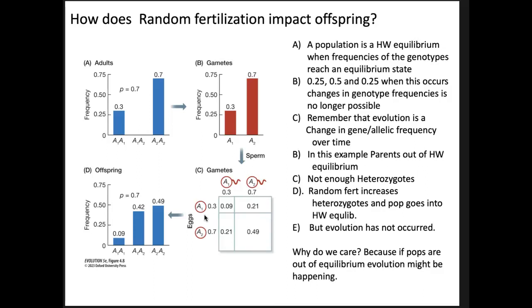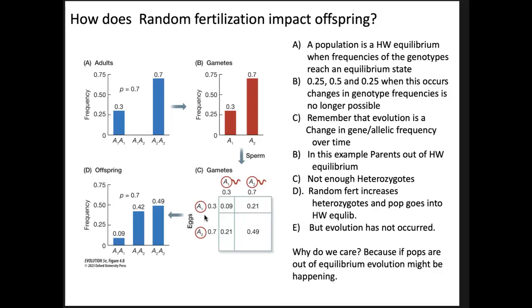And so when a population is in equilibrium, basically change is not happening. So there's not any change in genetic frequency or in the allelic frequency over time. So evolution is not happening when a population is in Hardy-Weinberg equilibrium.